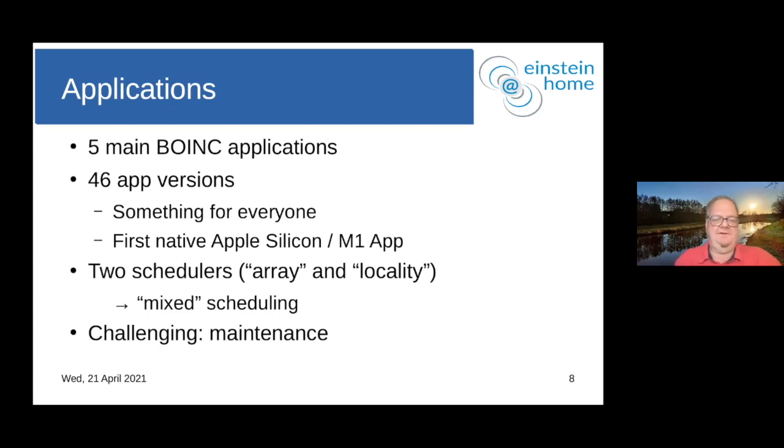This means that when a client contacts the scheduler, it gets assigned randomly one of the 2 that tries to fulfill the work request first, and the likelihood of one or the other can be tuned in configuration. The challenge here, of course, is maintenance of such a large pool of applications and application versions, and scheduling.